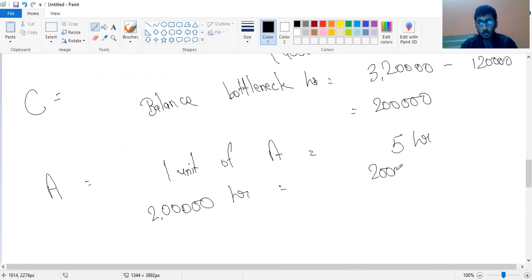I can say 2 lakh divided by 5. We can manufacture 40,000 units of A by using our balance of bottleneck resources. I am left with 2 lakh hours of bottleneck resources, and by using that I can manufacture 40,000 units of A.